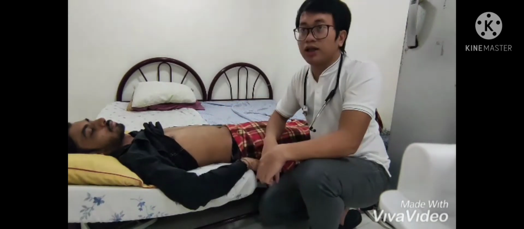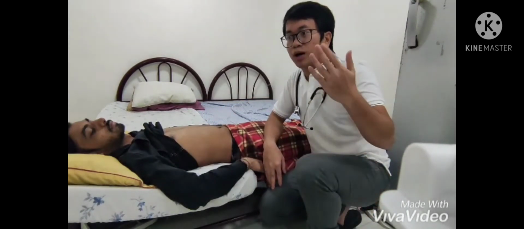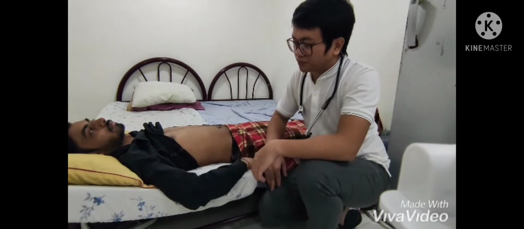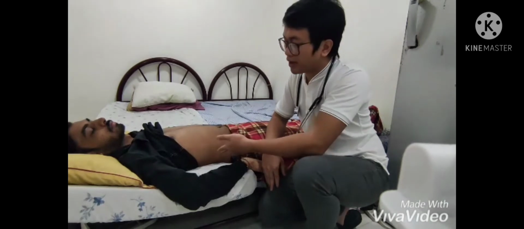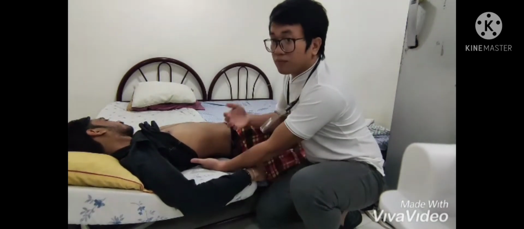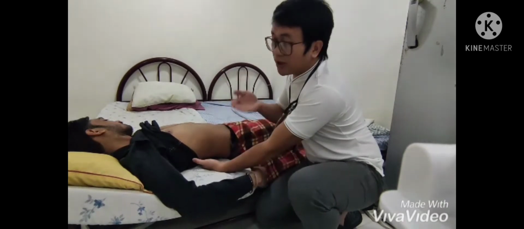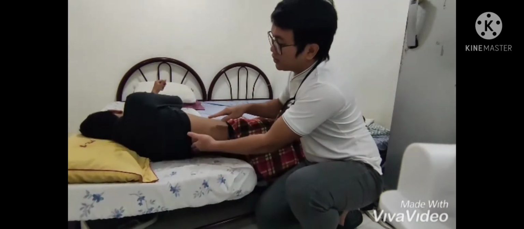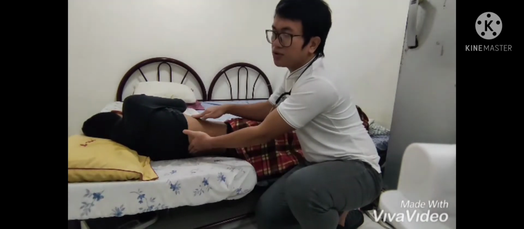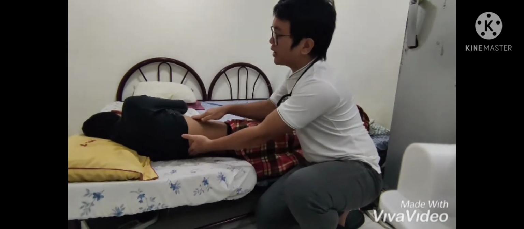When you palpate the liver, you must put your left hand under his abdomen, and then just elevate your hand lightly so you can palpate the liver. You should know if the liver is inflamed or not.